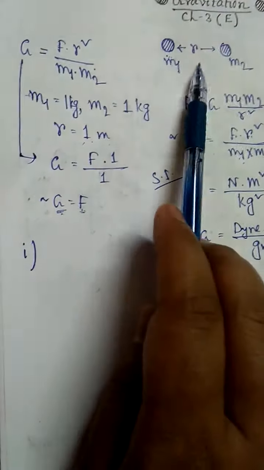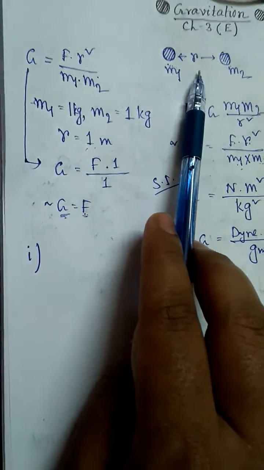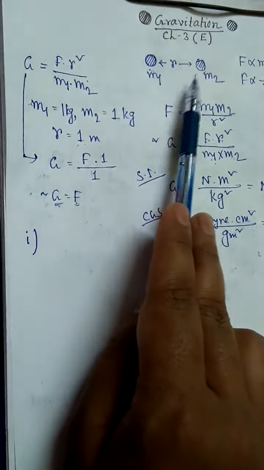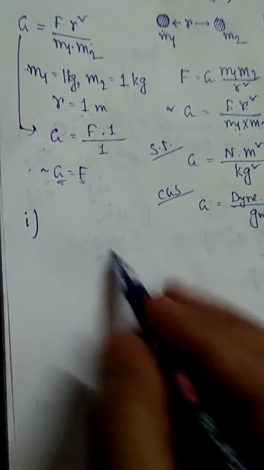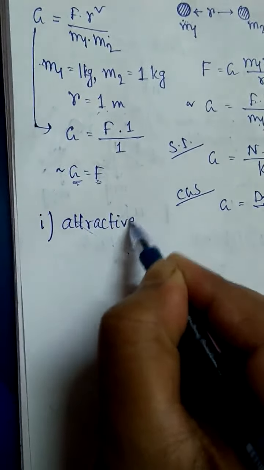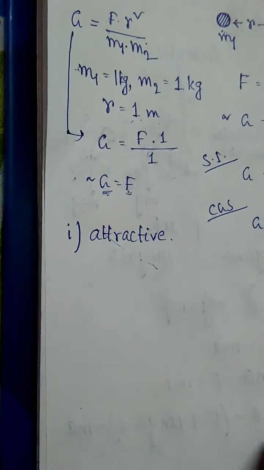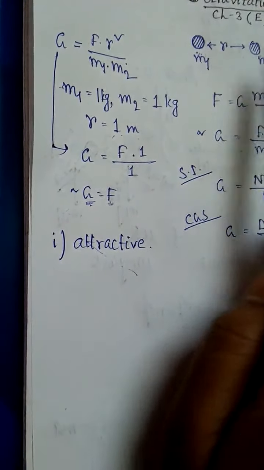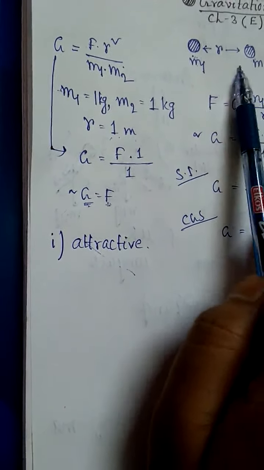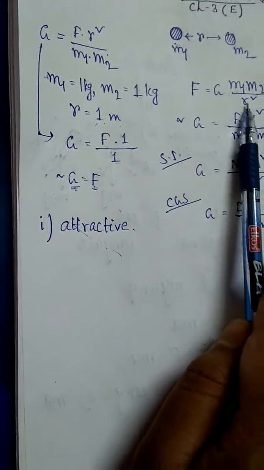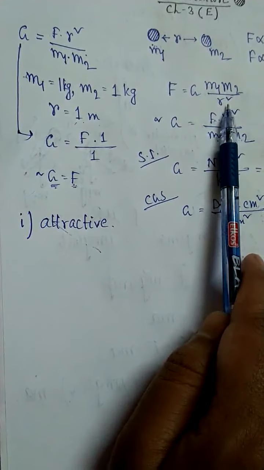That means two objects always attract each other, there is no repulsion. Number 2: it is directly proportional to the product of the masses. Number 3: it is inversely proportional to the square of the distance between them.